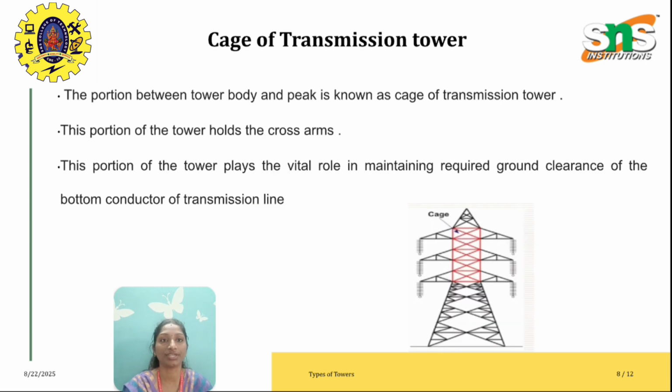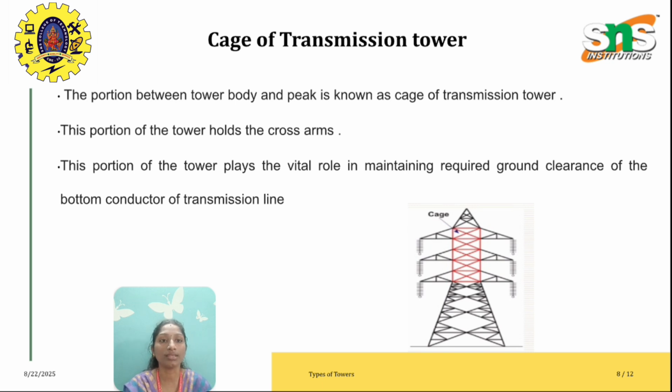Coming to the cage of the transmission tower. The portion between the tower body and the peak is known as the cage of the transmission tower. This portion of the tower holds the cross arms. It plays a vital role in maintaining the required ground clearance of the bottom conductor of the transmission line.